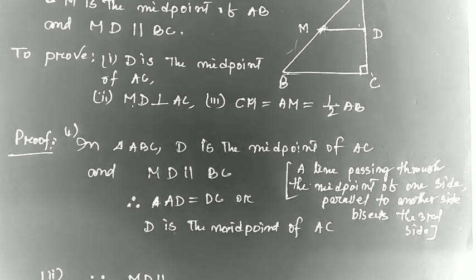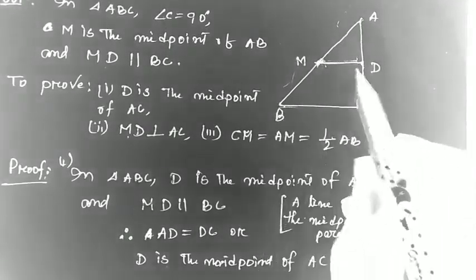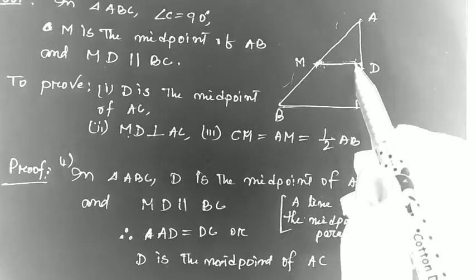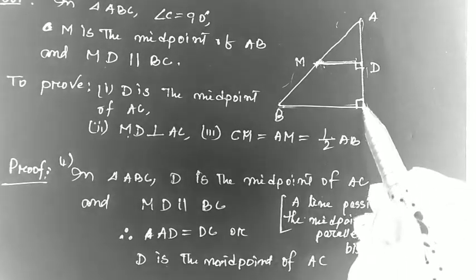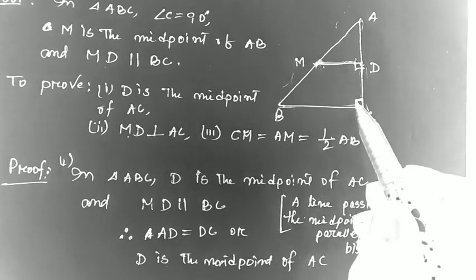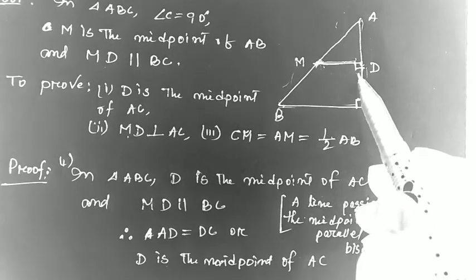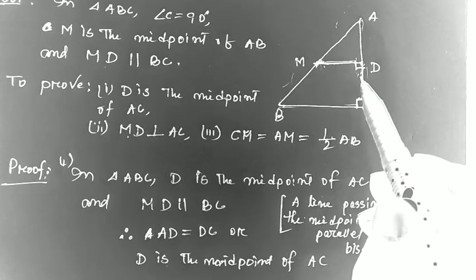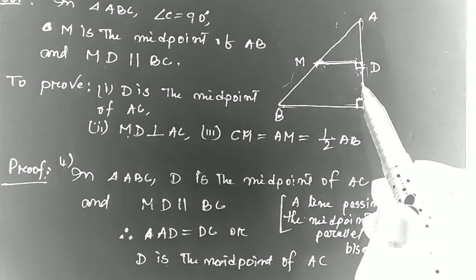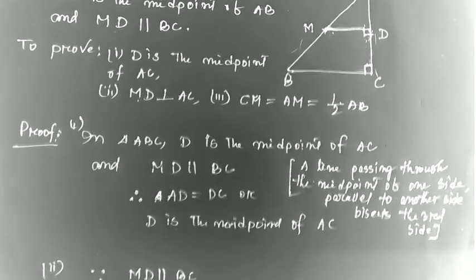Now see, since MD is parallel to BC, if we consider AC or DC as a transversal, these two are parallel lines and this is the transversal, then these two are interior angles on the same side of the transversal, or co-interior angles, or consecutive interior angles. We know that in the case of parallel lines, the sum of consecutive interior angles is 180 degrees.